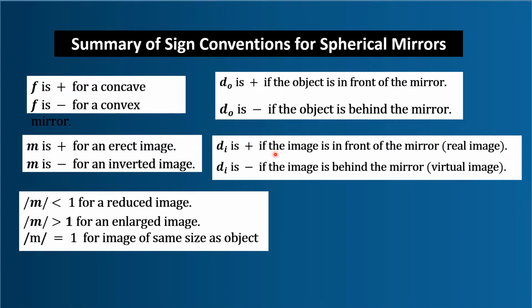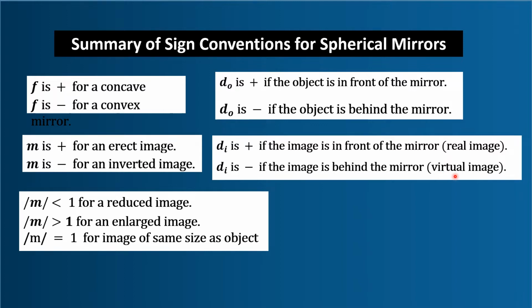For image distance, it's going to be positive if the image is formed in front of the mirror, and we call that a real image. When DI is negative, then the image is formed behind the mirror, where we have what we call a virtual image.